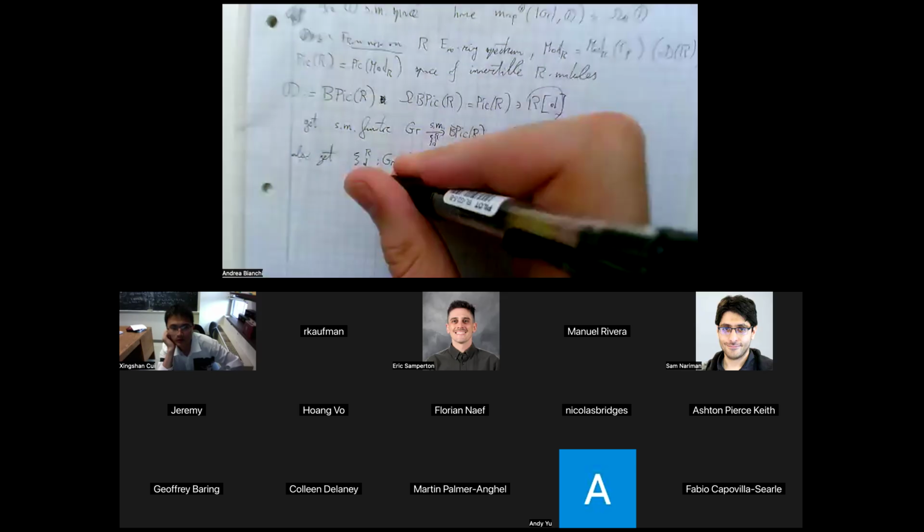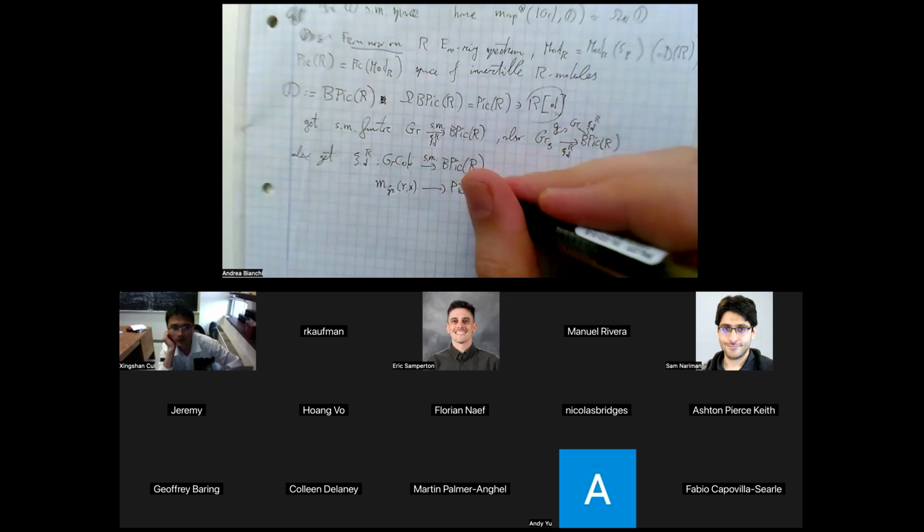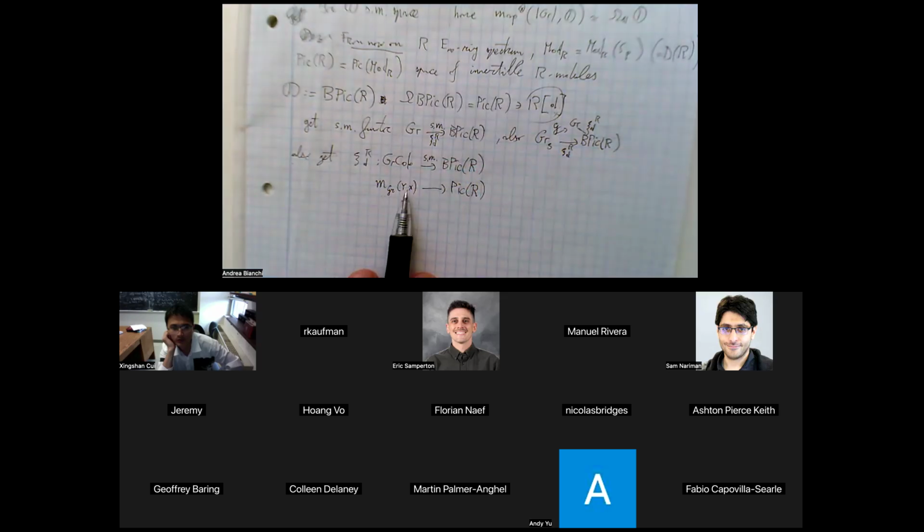But on morphism spaces, you get maps of the form M modulo space of graph cobordisms from Y to X to Pic R. And this thing is a local coefficient system on this space valued in invertible R modules. This assignment is symmetric monoidal, so there is some compatibility between this local coefficient system, and this will be good when we take homology of these morphism spaces with these coefficients, as we will get functoriality and multiplication of homology and so on.